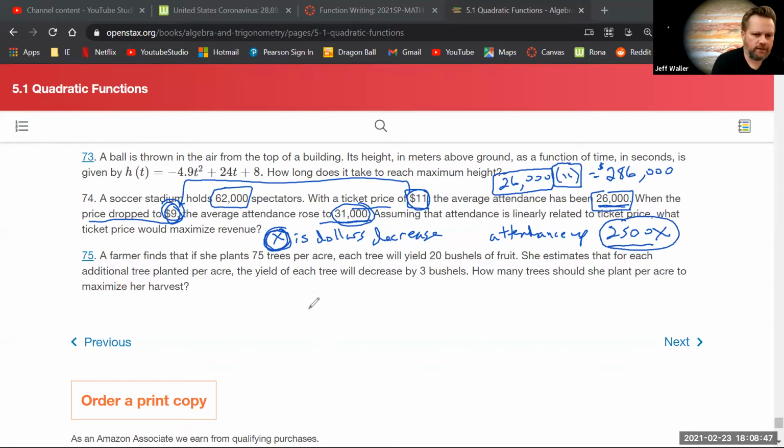So now watch this. If I take the cost of a ticket and make it 11 minus x, what will the attendance do? If the cost goes down by x dollars, the attendance will be 26,000 plus 2,500x.